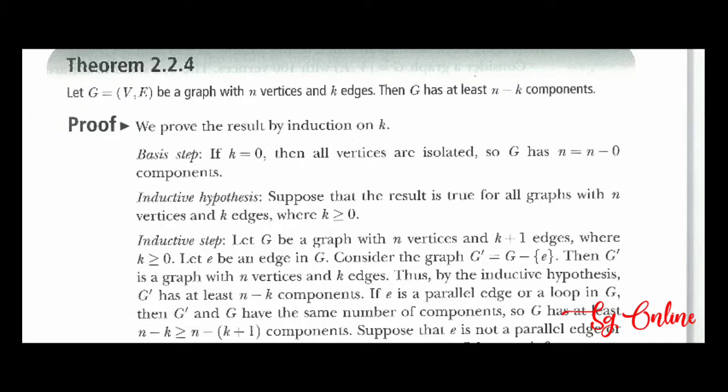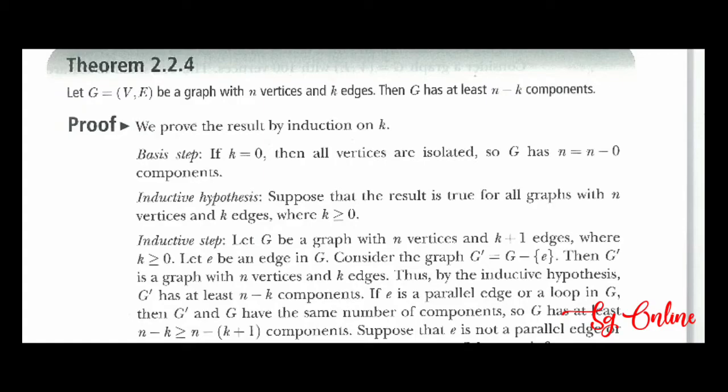So if there are n vertices, the graph has n components, and n is n minus 0, that is n minus k here, and then the result is true that the graph has at least n minus k components. So the basic step is completed with k equal to 0, and as an inductive hypothesis we consider that for any graph with n vertices and k edges, the result is true for k greater than or equal to 0.